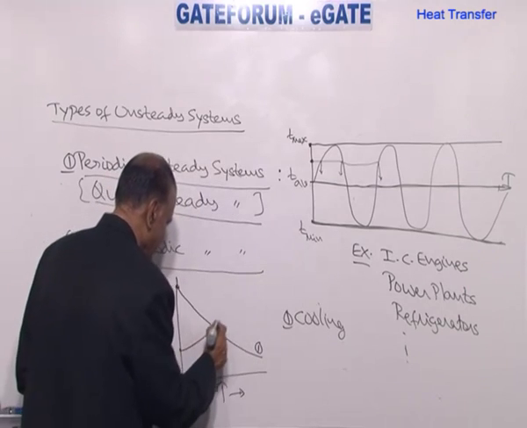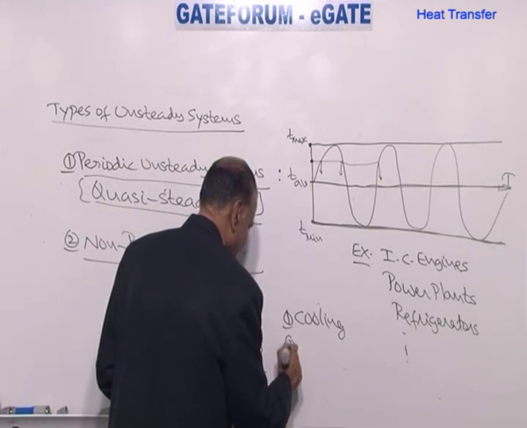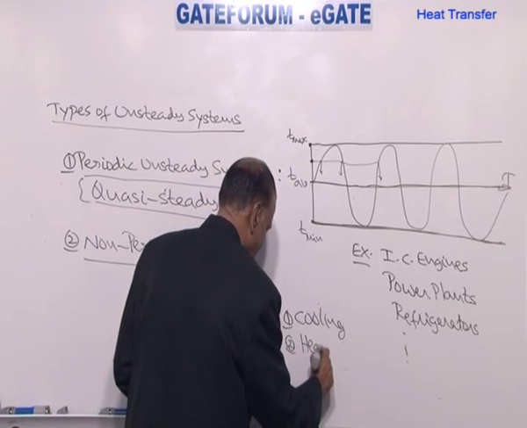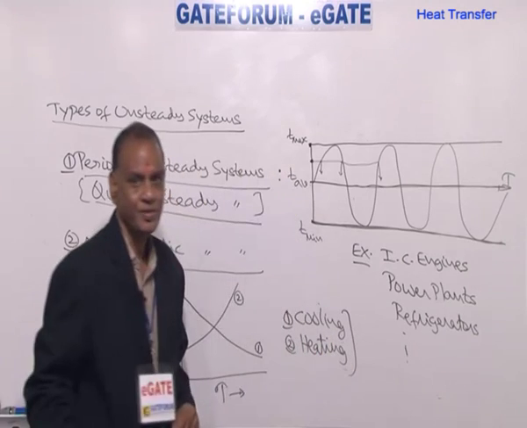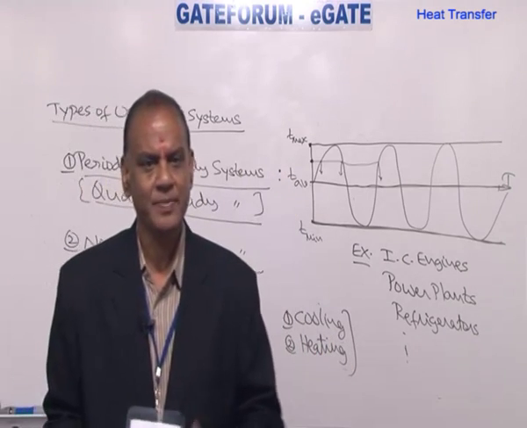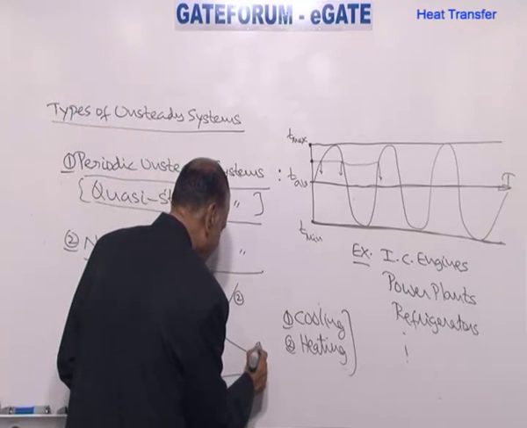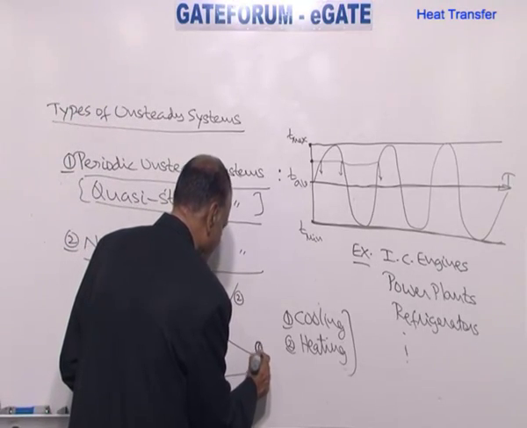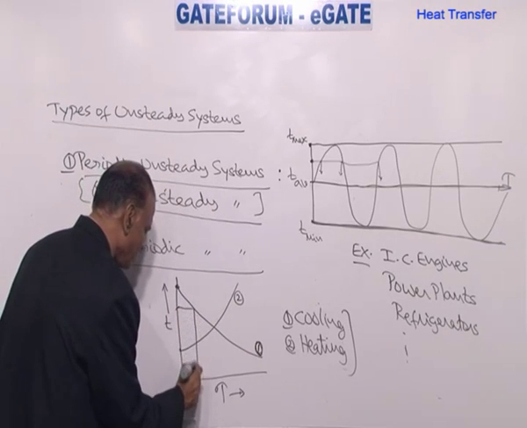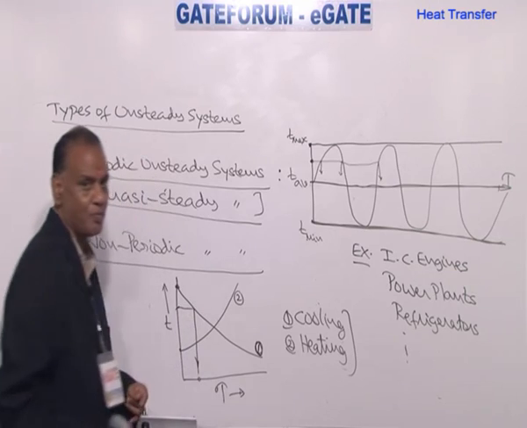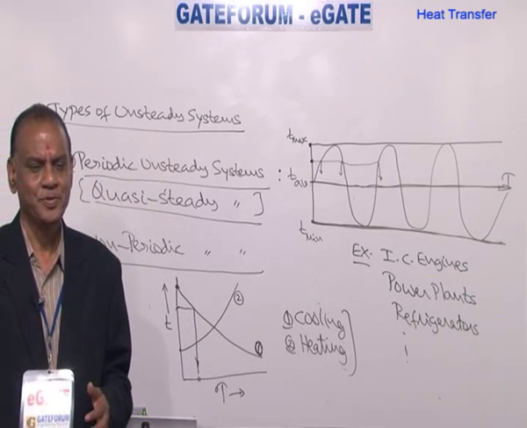Or temperature may increase continuously. This we call heating. We are not going to get a particular temperature many number of times. I want to get this temperature during cooling process only at this instant. Maybe at 30th second, maybe at 45th second, never again.